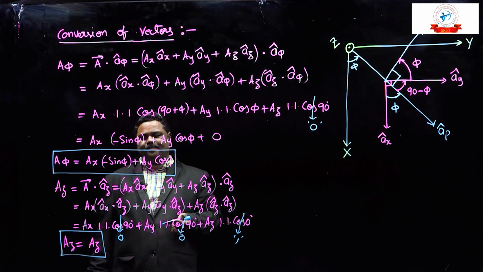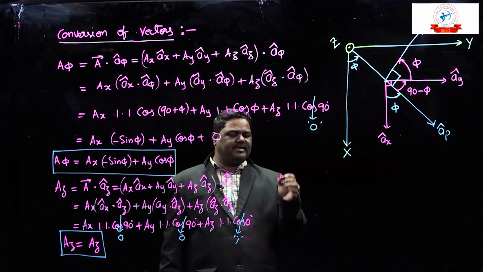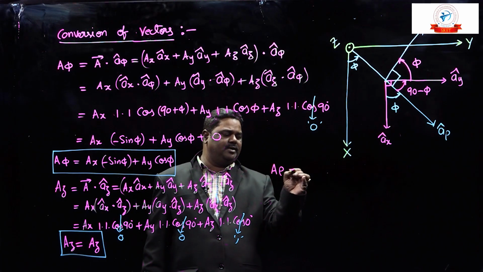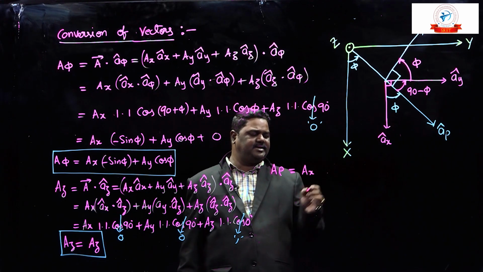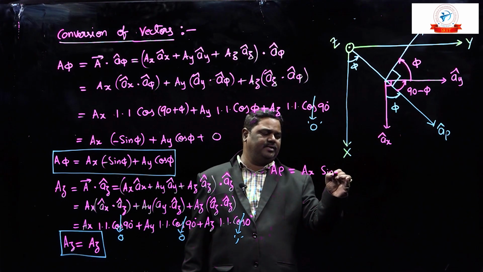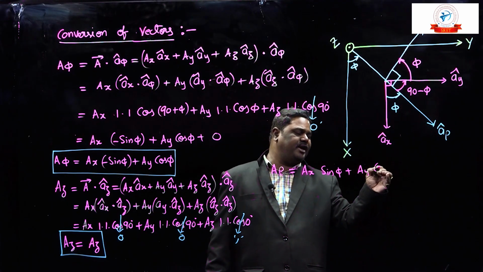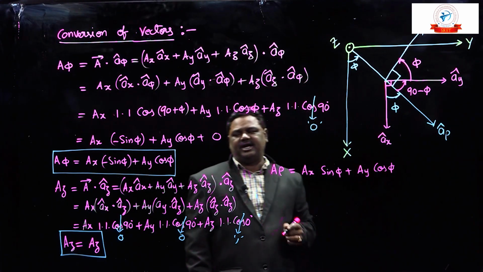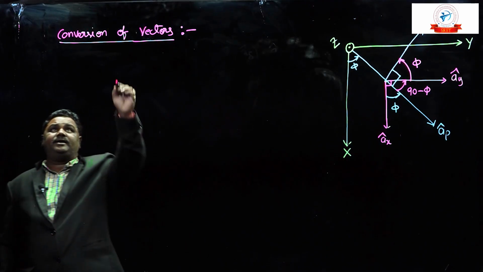Okay, so earlier we have calculated rho component. What was the rho component? Rho component was x component Ax into cos phi plus y component Ay into sin phi. Now let us write down all the components we have calculated.